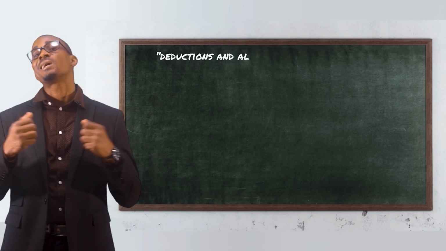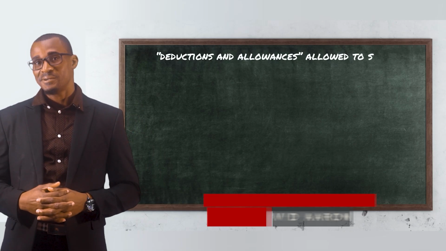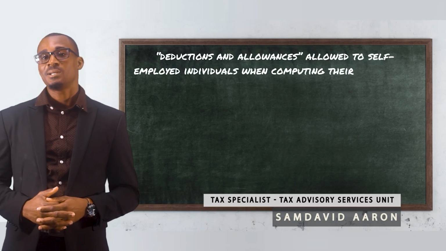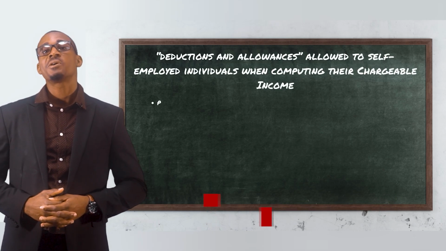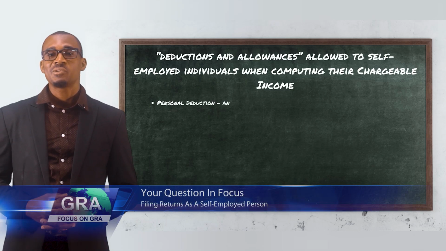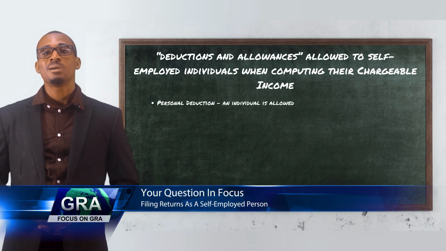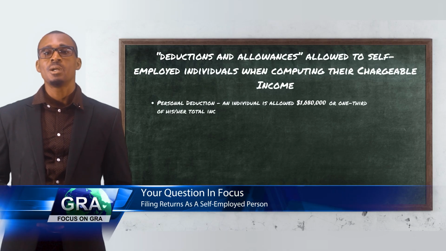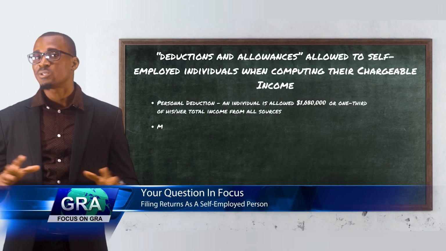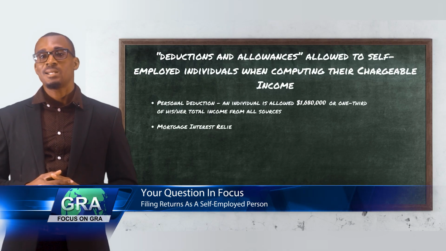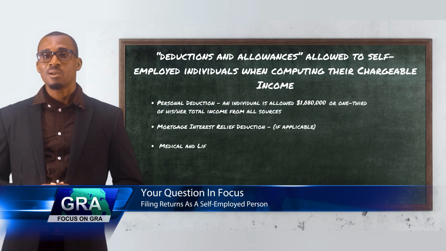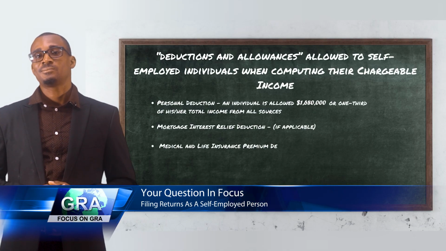Self-employed individuals are entitled to various deductions and allowances when calculating their chargeable incomes. First, personal deduction. An individual is allowed $1,680,000 or 1/3 of his or her total income from all sources. Secondly, child deduction. A deduction of $120,000 for each child.